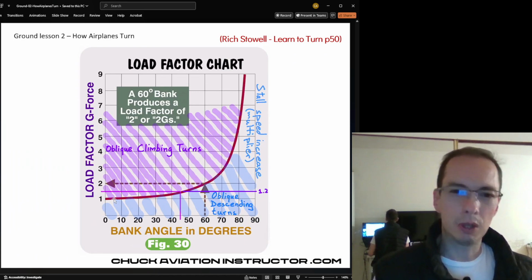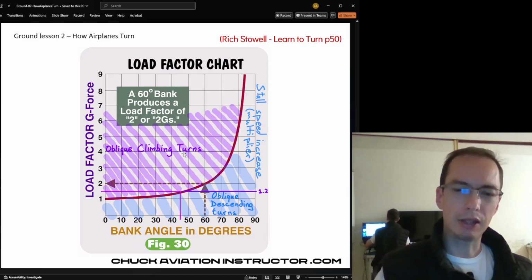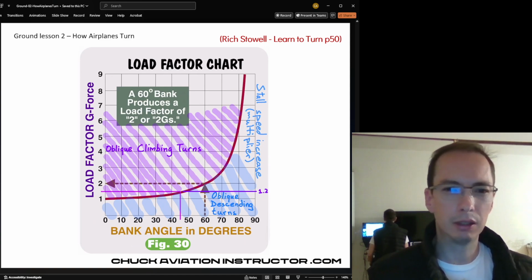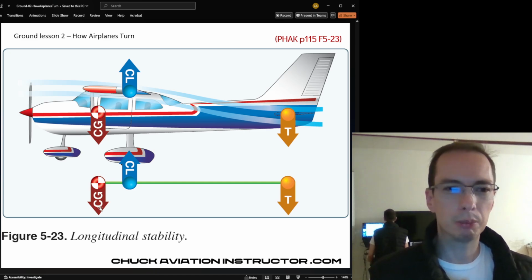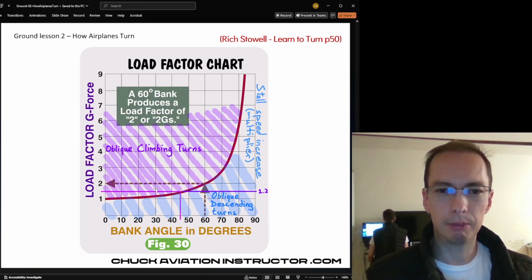If you want to not only maintain but also climb while you're turning, you need to add so much back elevator pressure that your airplane is going to feel not only 1.2 times heavy, but maybe 1.4 times heavy at a 30-degree bank angle when going from upwind to crosswind.